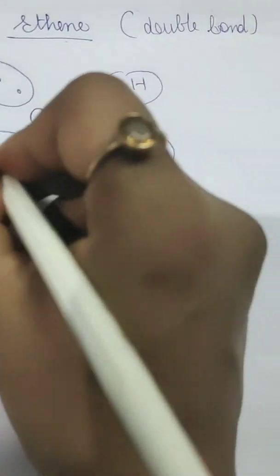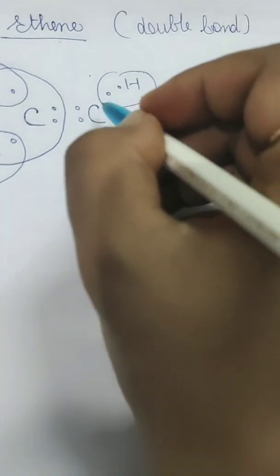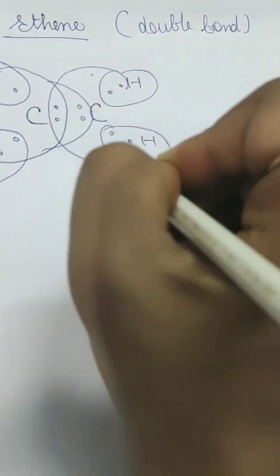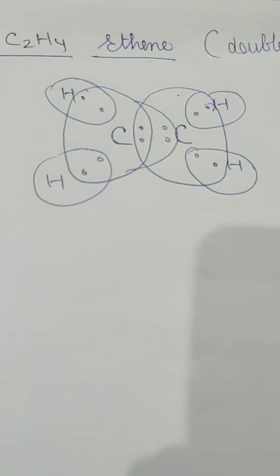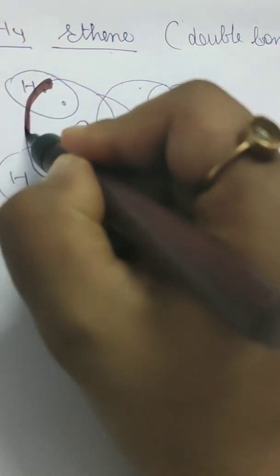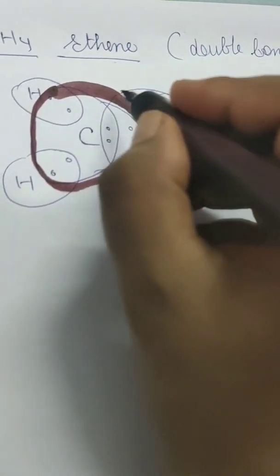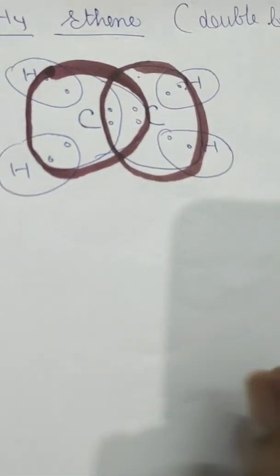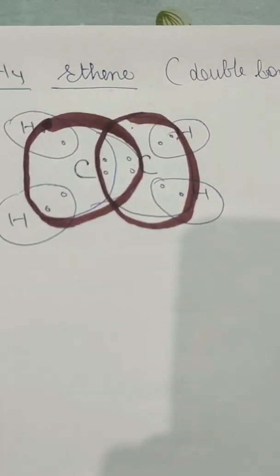So this carbon will be having these electrons, and it will be like this, and this carbon will be having these electrons. If you can see properly, I'll be using this sketch pen. So all these electrons will be taken by this. Each and every carbon got 8 electrons by sharing.